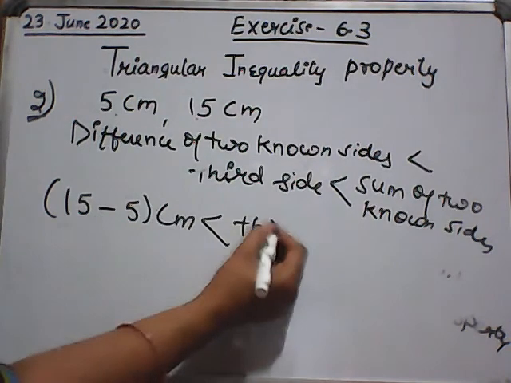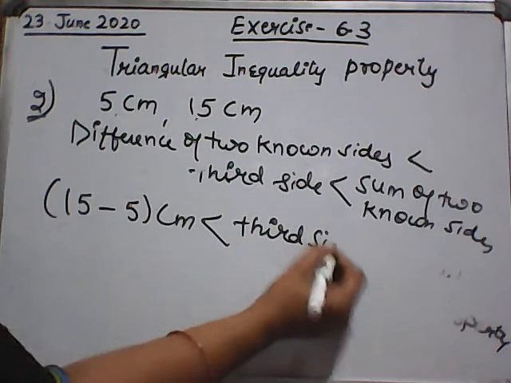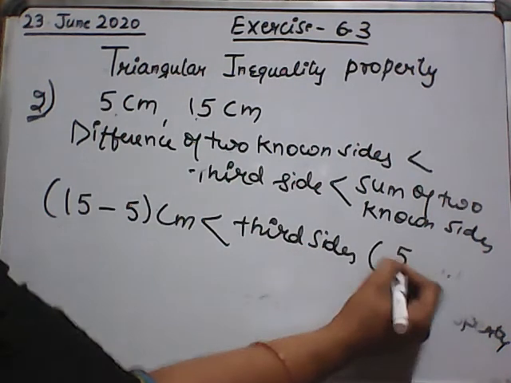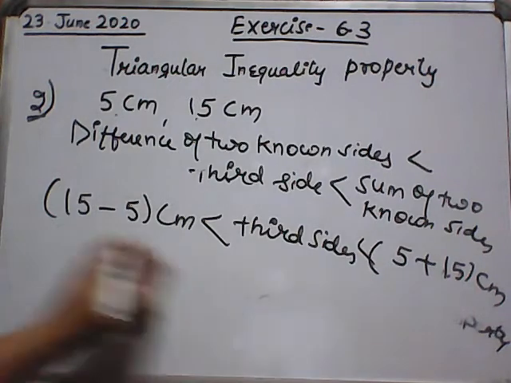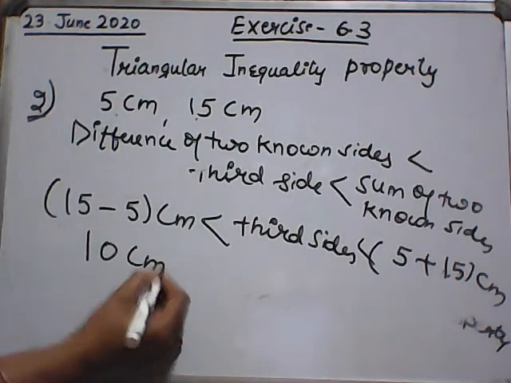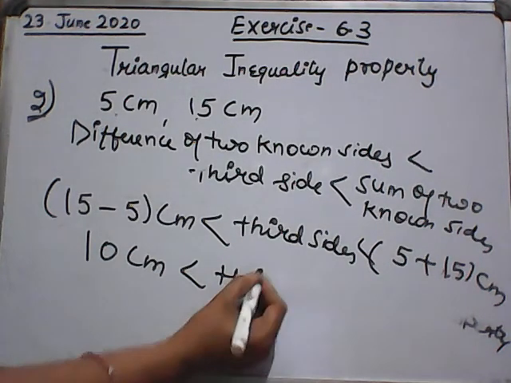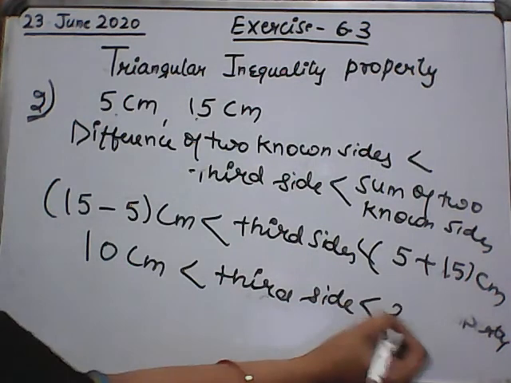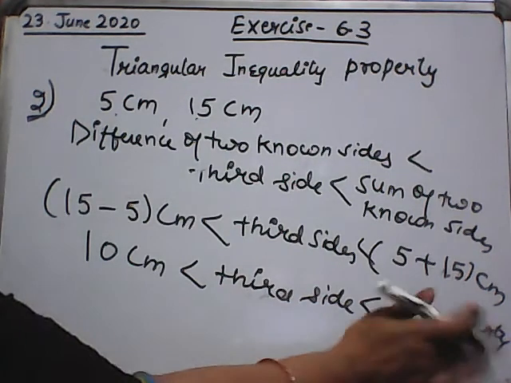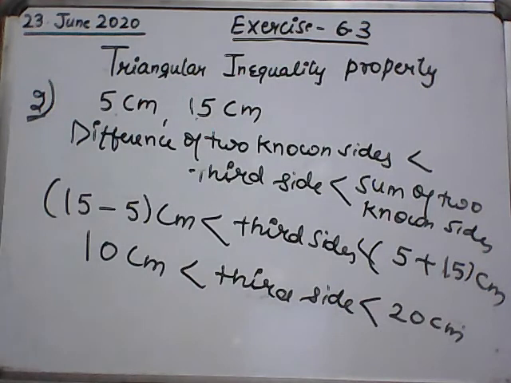The third side lies between that and the sum of the two known sides, 5 centimeter plus 15 centimeter. Now the third side lies between 10 centimeter and 20 centimeter. In this way you can find out the range of the third side.